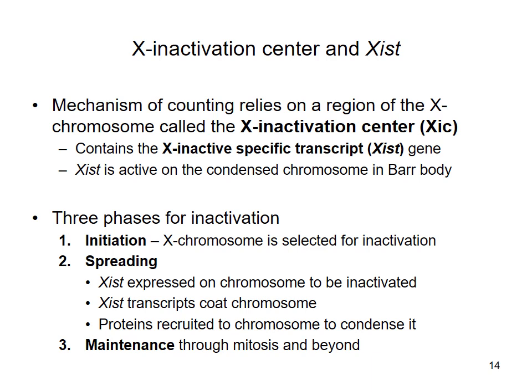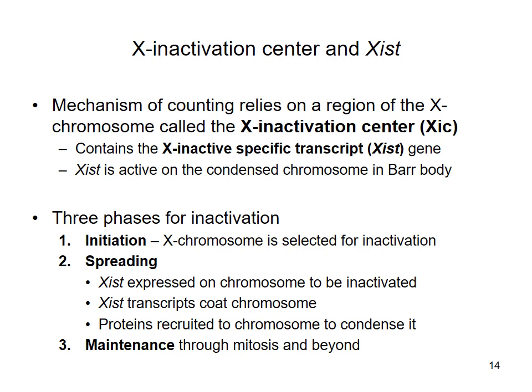The entire inactivation step is going to take 3 phases. We're going to have initiation, where at random we're going to select one of the X chromosomes in the somatic cells. Then we're going to have the spreading, which is going to be the expression of the X inactivation specific transcript gene, the production of the product that we're going to rely on to condense down the chromosome.